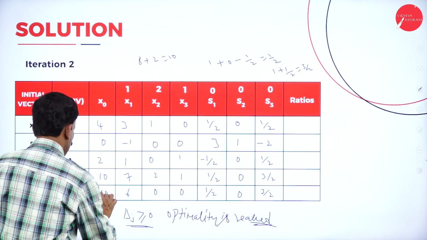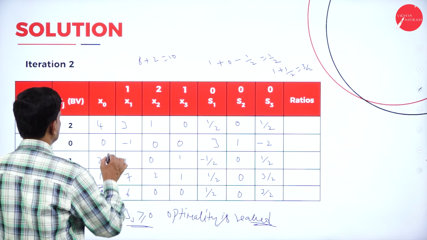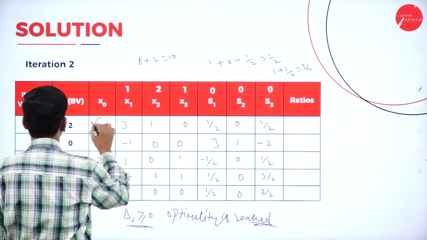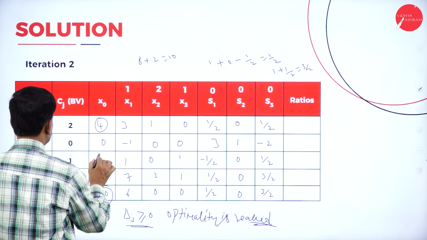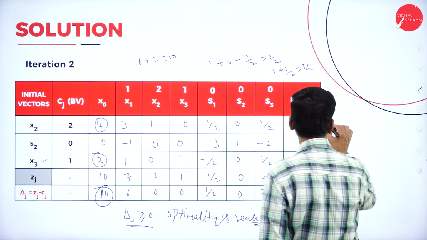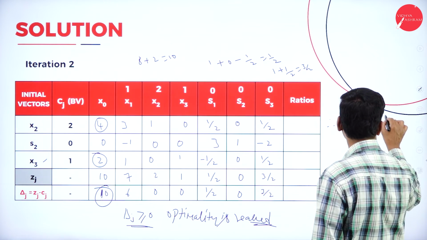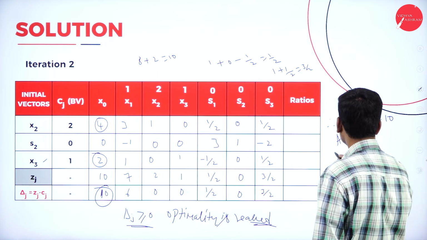What is the optimal value? Here the optimal value is equal to 10, the maximum value at x2 is equal to 4, x3 is equal to 2 and x1 is equal to 0. So therefore the maximum value max z is 10.